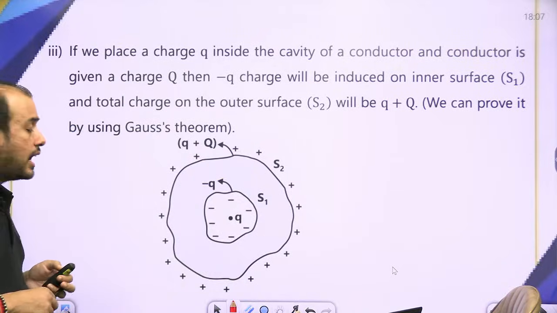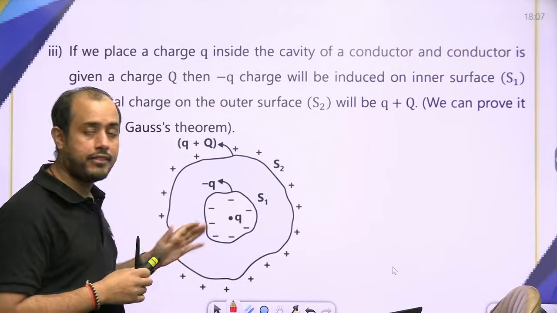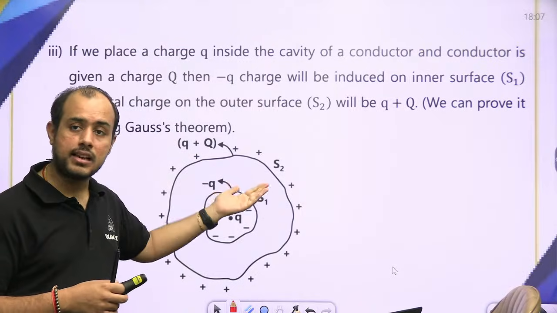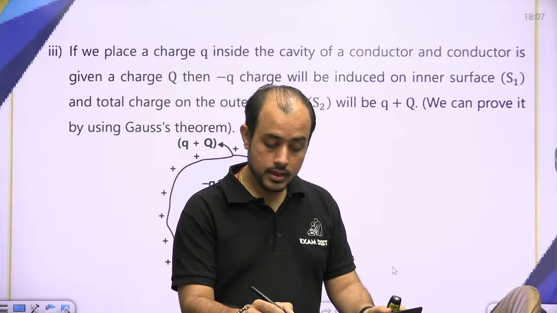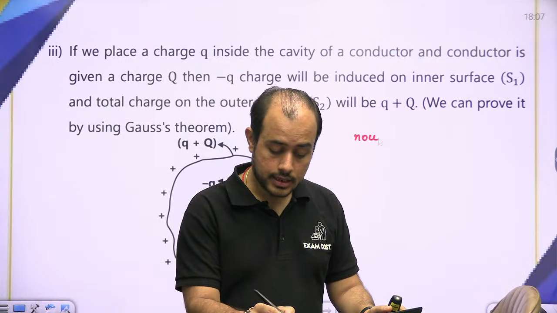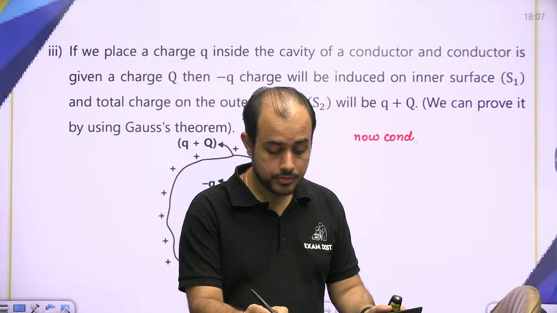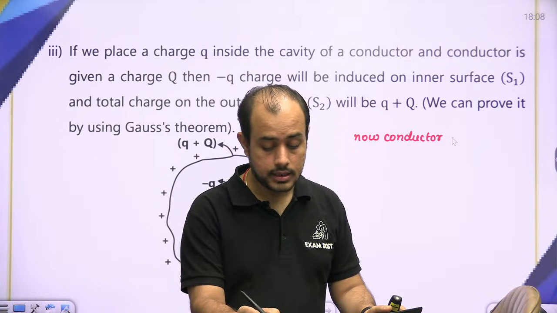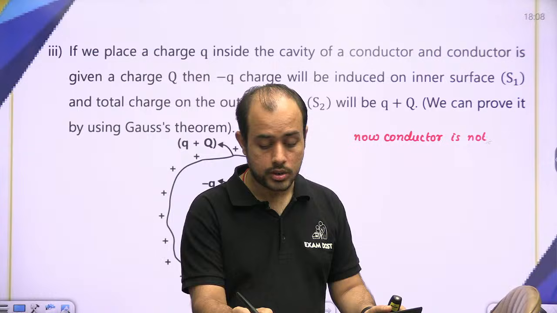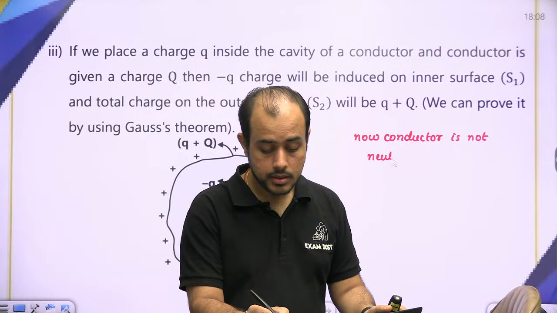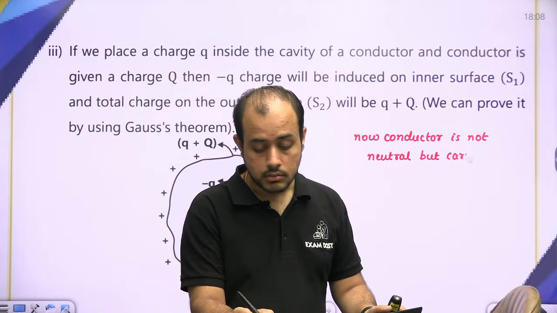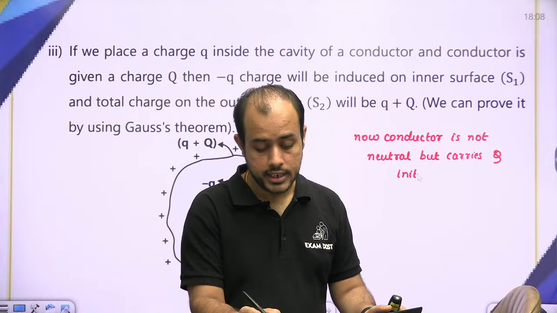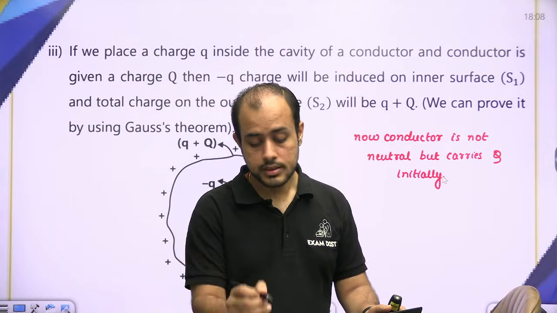नेक्स्ट, अब अगर आप small q चार्ज कैविटी को देते हो और capital Q चार्ज आप कंडक्टर को देते हो, ठीक है, तो now the conductor is not neutral, but carries capital Q initially. ठीक है.